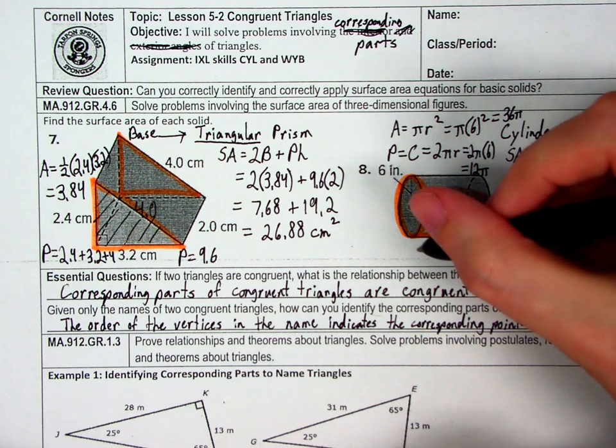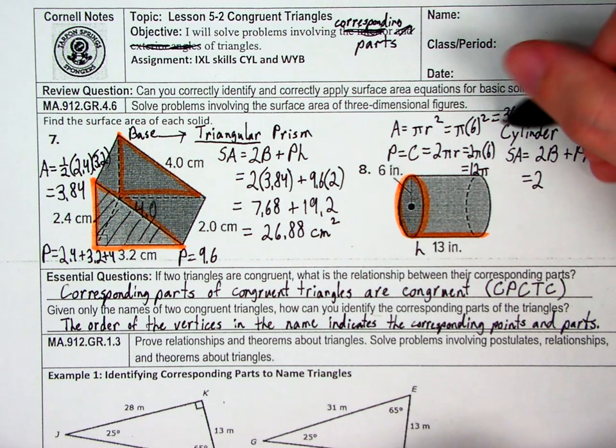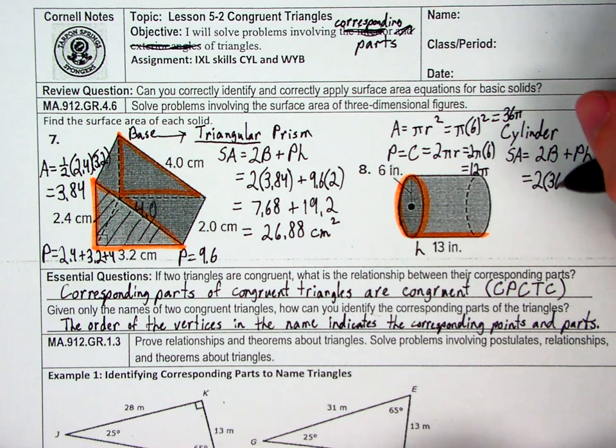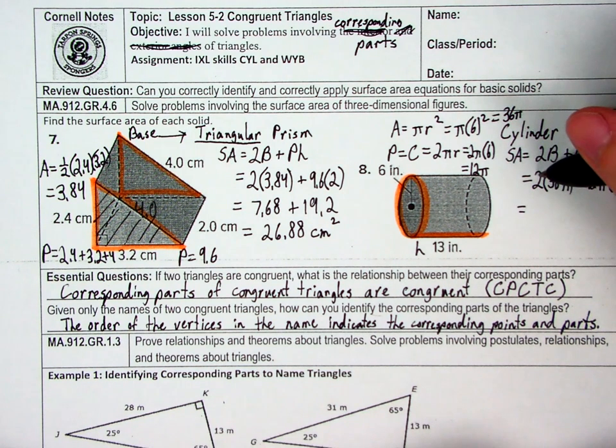You can start plugging things in. 2 times the area, 36 pi, plus the perimeter, 12 pi, times the height of 13. We can multiply 2 times 36 to get 72 pi. You can do 12 times 13 to get 156 pi.